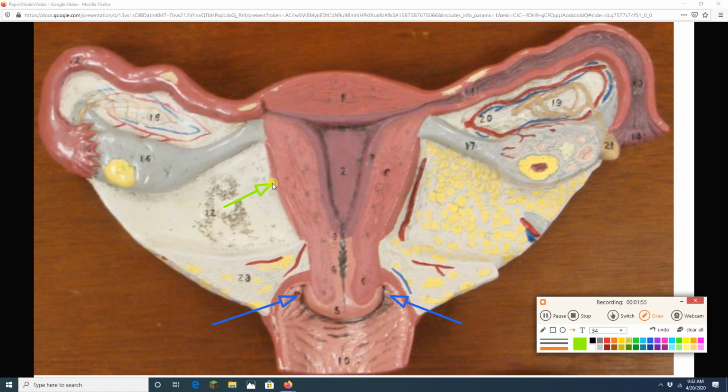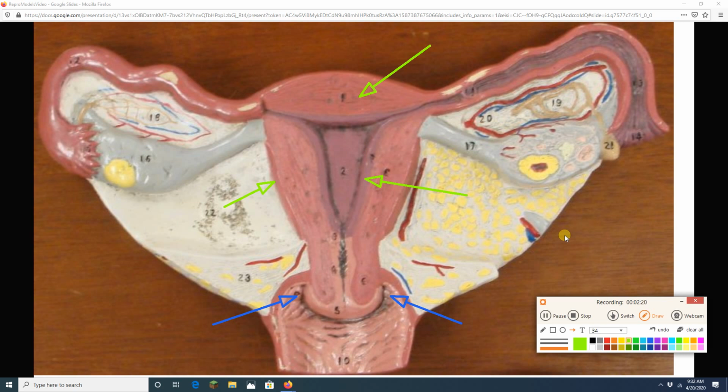If I get on the very outer part of the uterus, remember that is the perimetrium. Then we have the muscular myometrium, and then we have the endometrium. And last time we talked about how the endometrium was made up of two sublayers, a stratum functionalis and a stratum basalis.